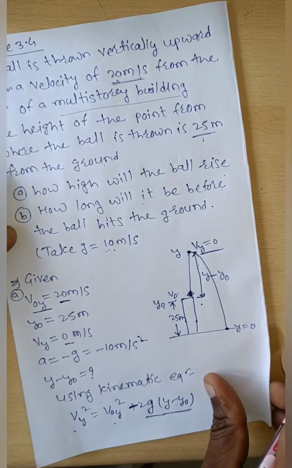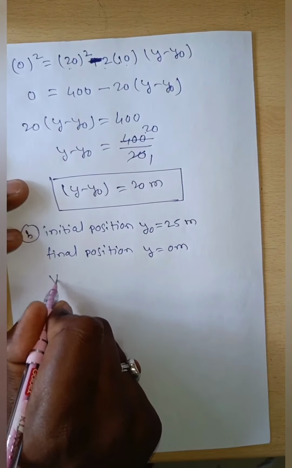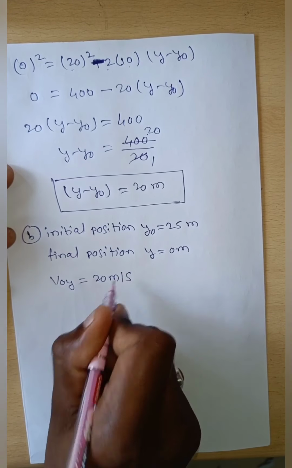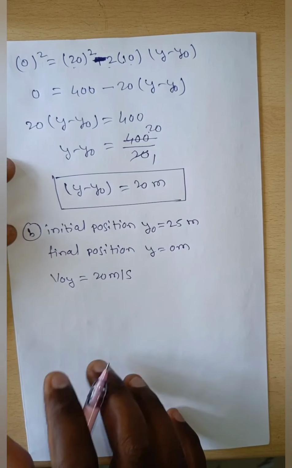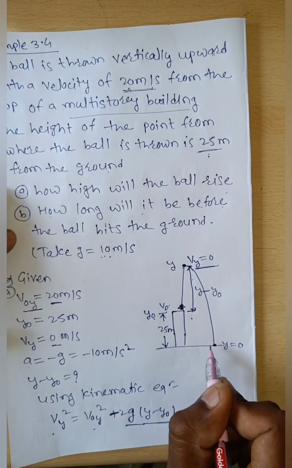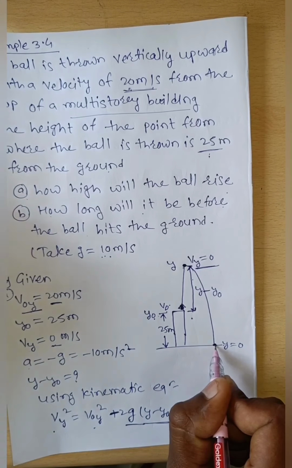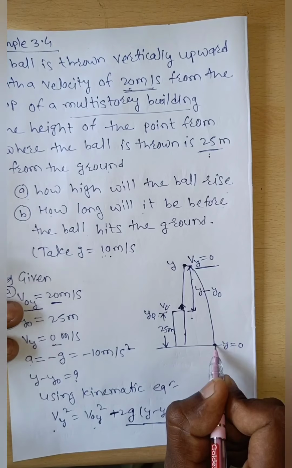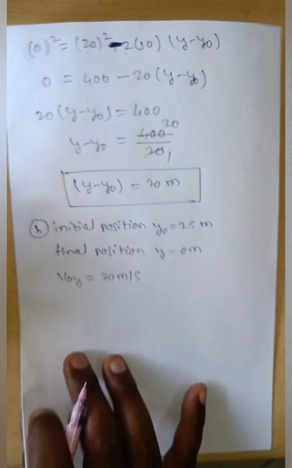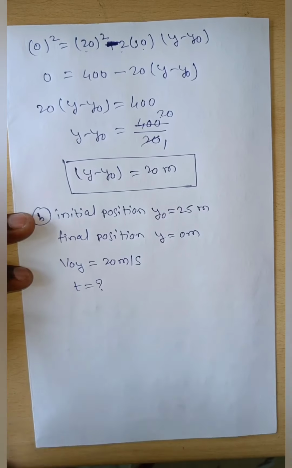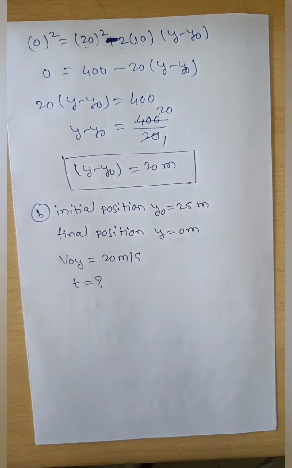When the ball reaches the ground, that is the final velocity, but we don't know the final velocity. What we have to find out is the time during this process.